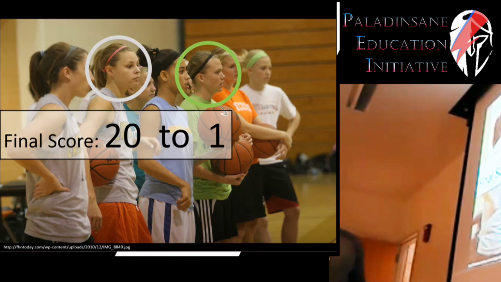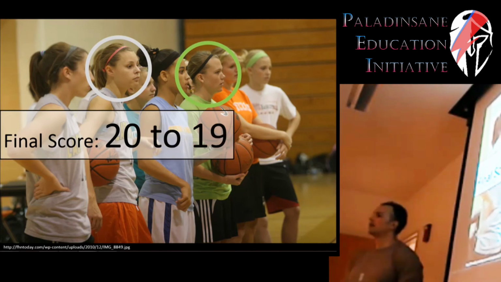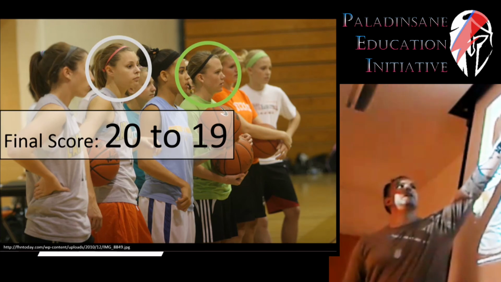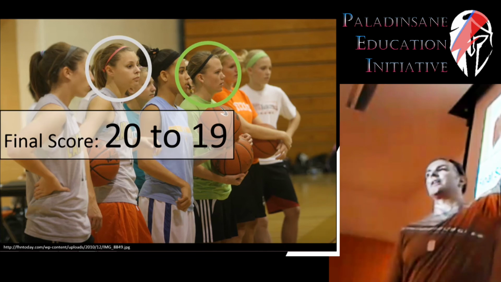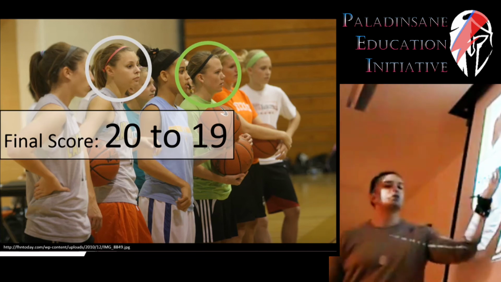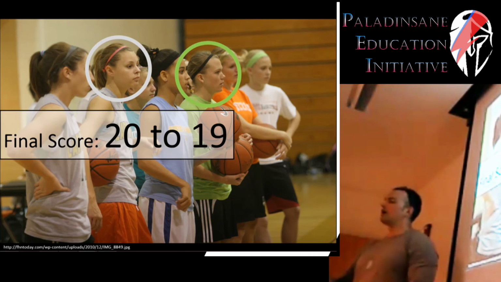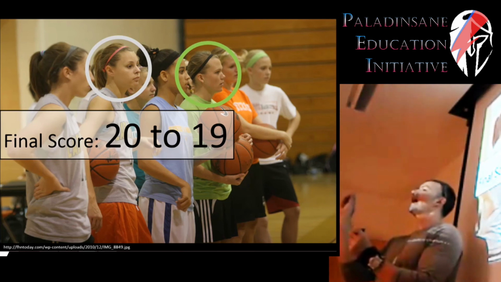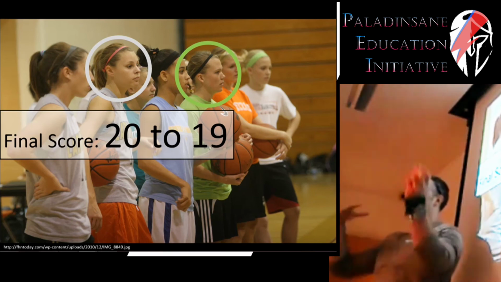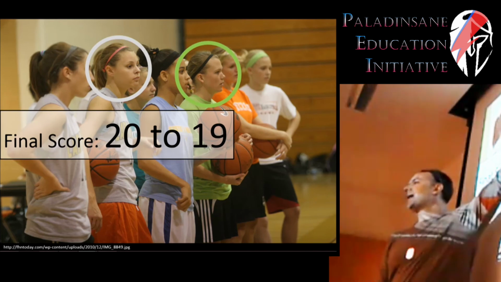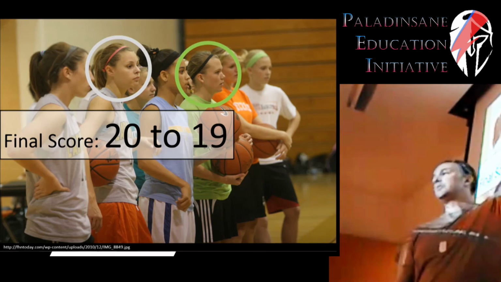On the other hand, let's say that was the final score. Are you then confident that this girl is actually better than this girl over here? No, not at all. Because it's 20-19. One different bounce, right? One inch left of the basketball on a bounce on the net would have caused the difference. And if you ran it back, chances are that she would win the next time, right?